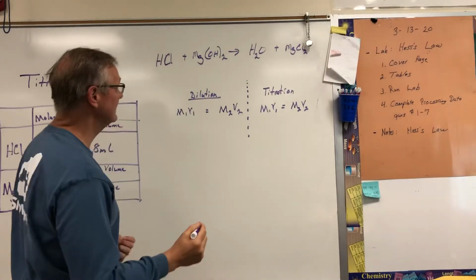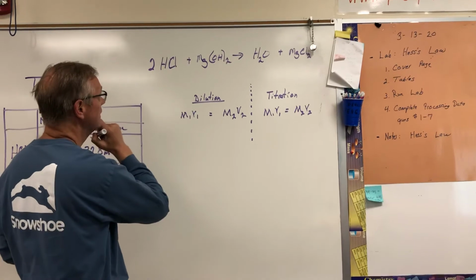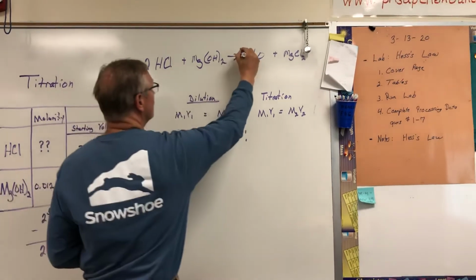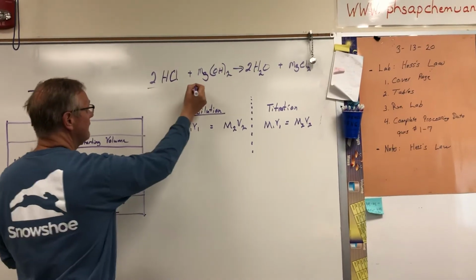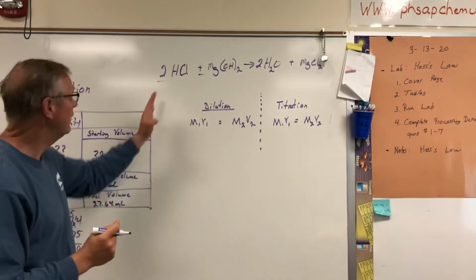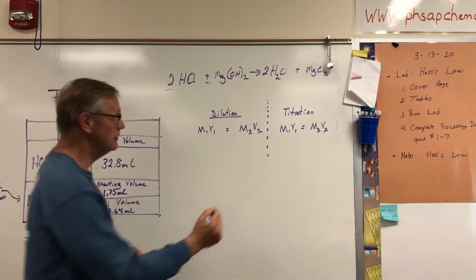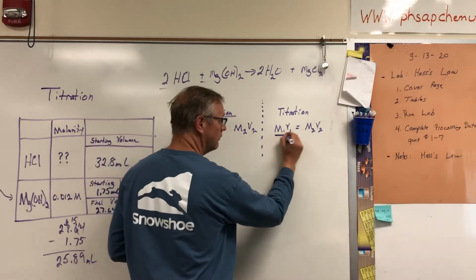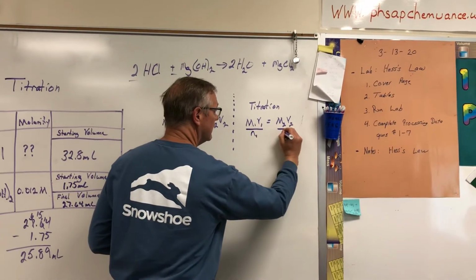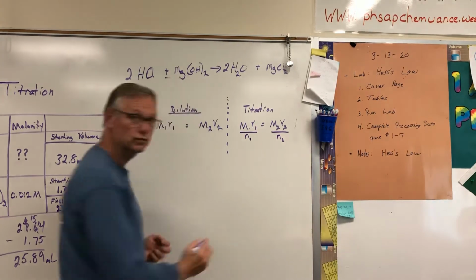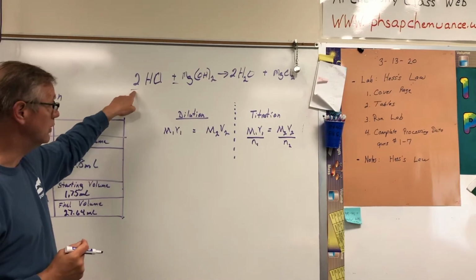So now when I balance this equation, I'm going to put a 2 right here and a 2 right here. So when I look at this, I have not a 1-to-1 ratio with my acid to my base, it's a 2-to-1. So what I have to do is, in all titration problems, you have to look at the number of moles. And that's going to be the coefficient in our balanced equation.